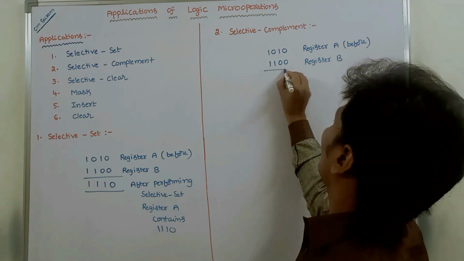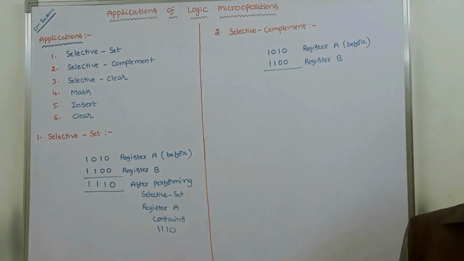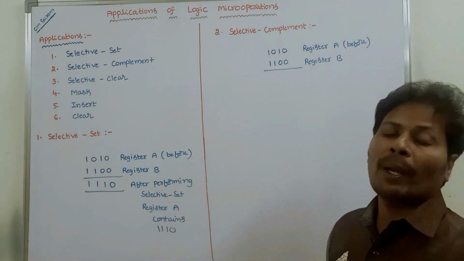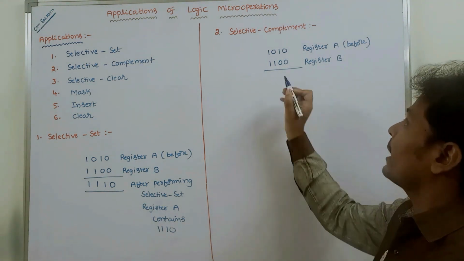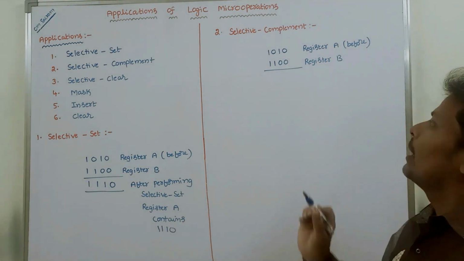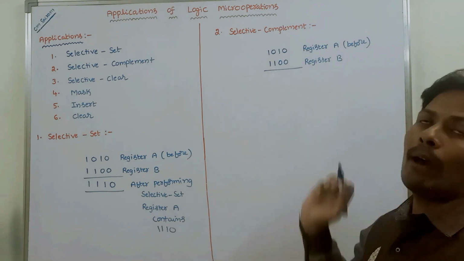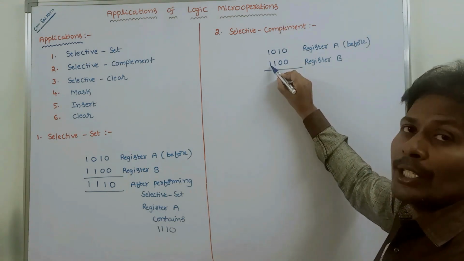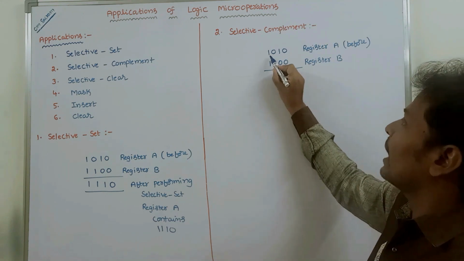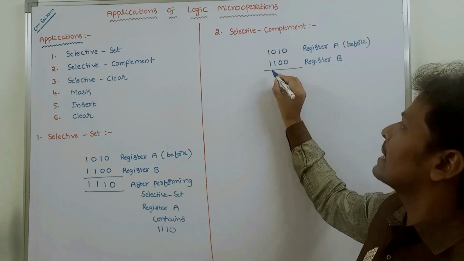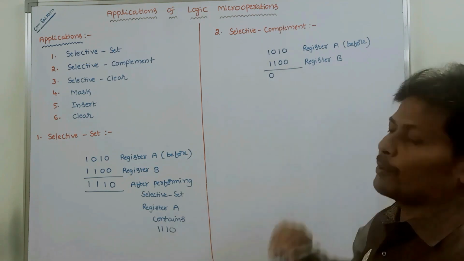Now, how to perform the selective complement operation? To perform it, identify bit 1 in register B. Here, two 1s are there. For this one in register B, the corresponding bit in register A is 1, so 1 is complemented as 0.